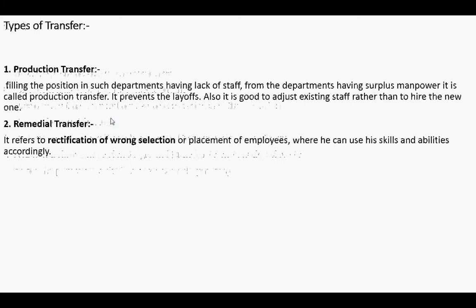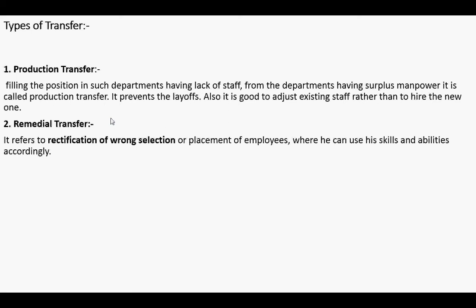Number one, production transfer. This means filling the positions in a department having a lack of staff, where there is work, from the departments having surplus manpower. In one department there will be more work, but in another department there will be excess labor.